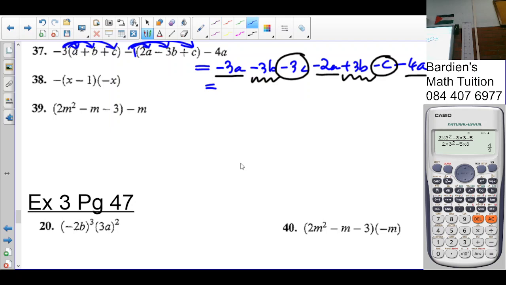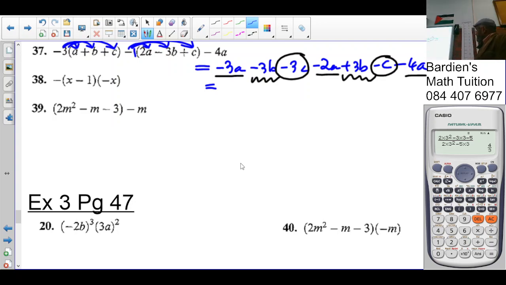So now, you got minus 3a, minus 2a. But if you look at the number line, just make sure on your number line.